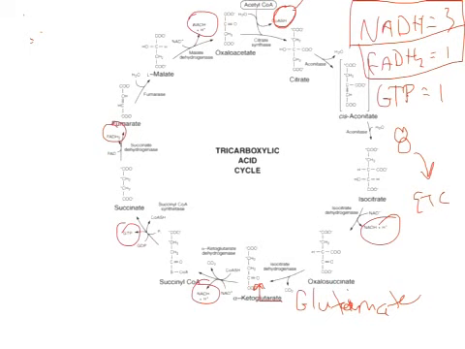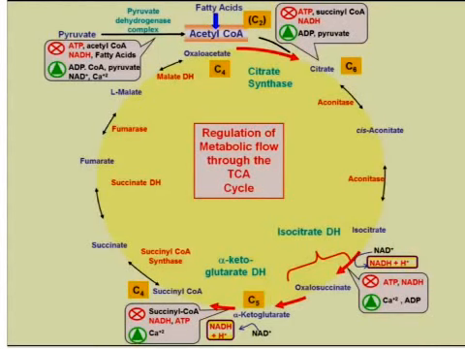However, what I don't like is it doesn't highlight the irreversible steps. So here in this image, you actually see that pyruvate dehydrogenase, so from pyruvate to acetyl-CoA, is the first irreversible reaction, so to speak. So under physiologic conditions, this enzyme will not catalyze a backwards reaction.